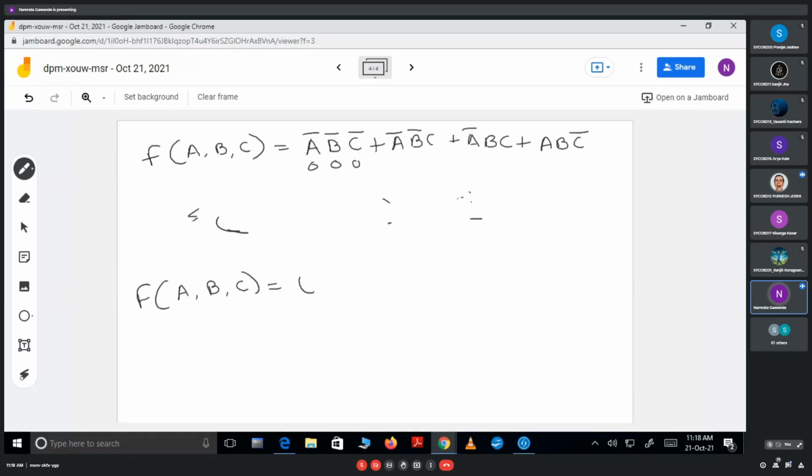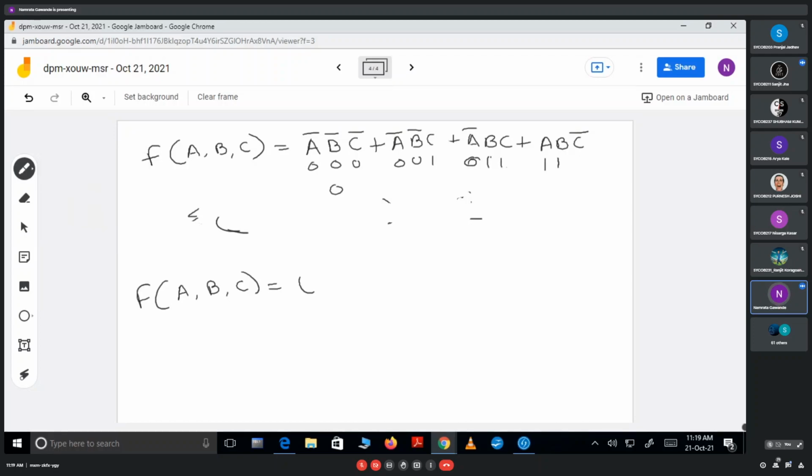What does this represent? 0, 0, 1. What does this represent? 0, 1, 1.